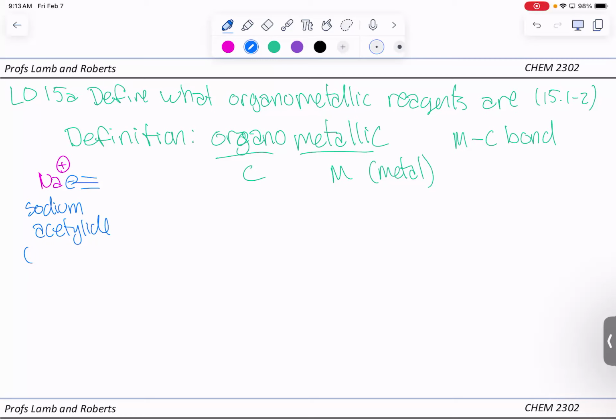So we would call this more of an ionic bond. We learned about those in general chemistry. In the case where we have an organometallic that has lithium, we do actually draw a bond to the methyl group or the carbon-based group. So this is methyl lithium. And because we draw that bond in, we consider this more covalent as a bond.